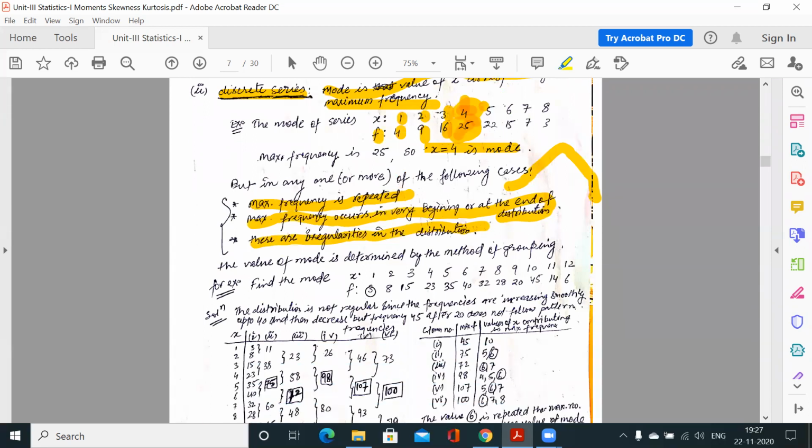But observe here: 3, 8, 15, 23, 35, 40. It is increasing up to 40, then decreasing 32, 28, 22, but again it comes out 45. So this is an irregularity in the system, where there are no regular data points.